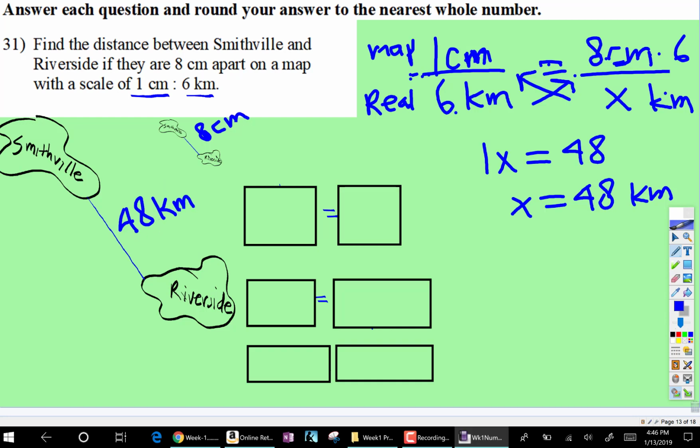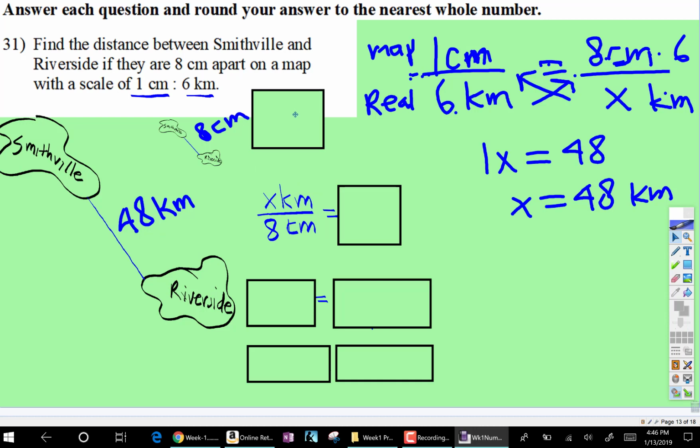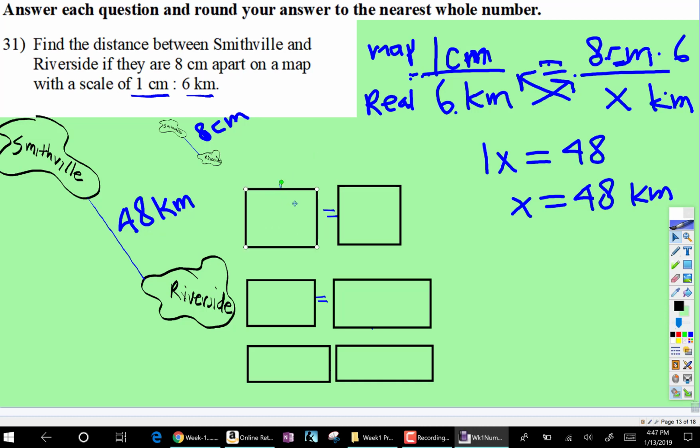The other way to do this, and maybe I did it this way here. No, I did it that way. Let me show you the other way you could do it. You could compare the centimeters to centimeters. So 1 centimeter, this is the map, and this is the map.